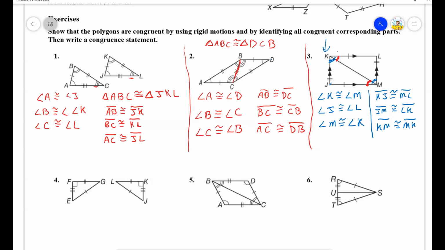So our two triangles, ultimately we want to get to here is triangle KJM, right? KJM, we're talking about this triangle, is going to be congruent to triangle MLK. M to L to K. And that's our final congruent statement for the two triangles.